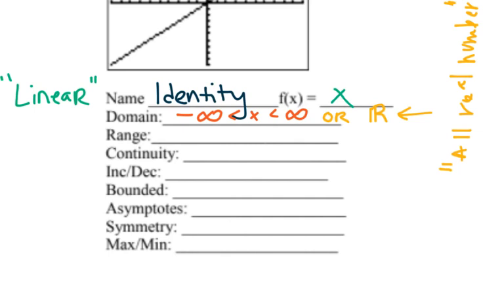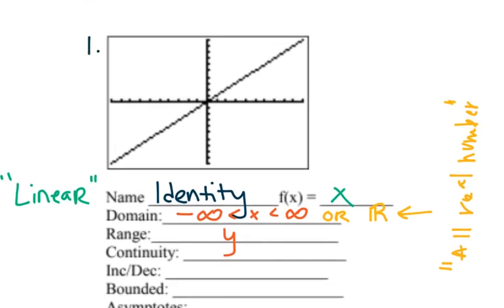All right. Then we have our range, and remember that your range are your y values, and so when we write our range, there's going to be a y involved. You'll see that we've got the range going all the way up to infinity and also all the way down to negative infinity. So when we write that in here, we're going to write that y is between negative infinity and infinity. So again, this is analyzing a graph.